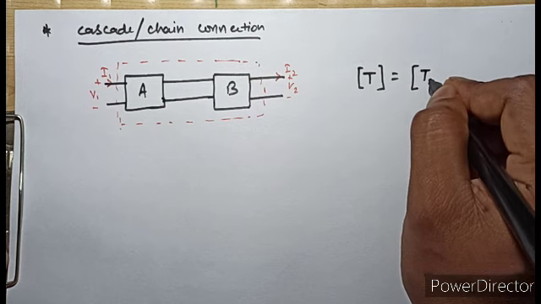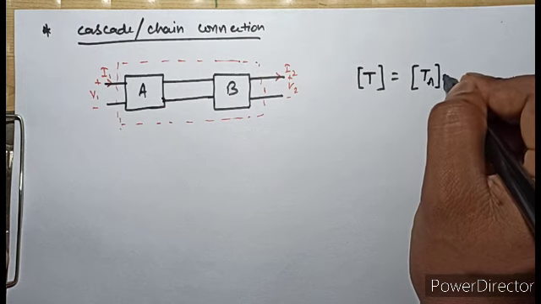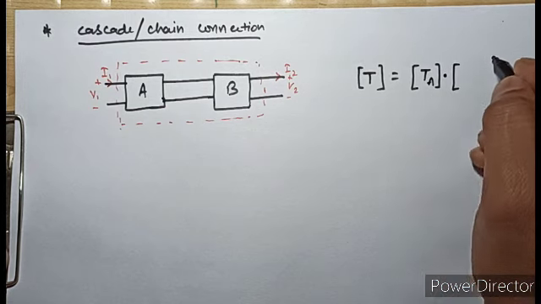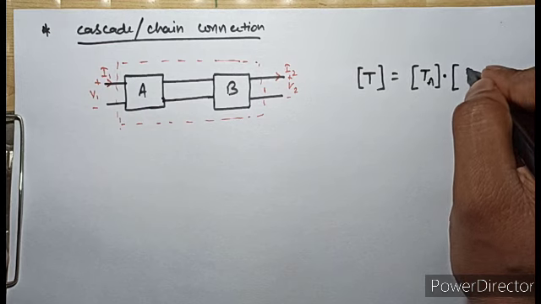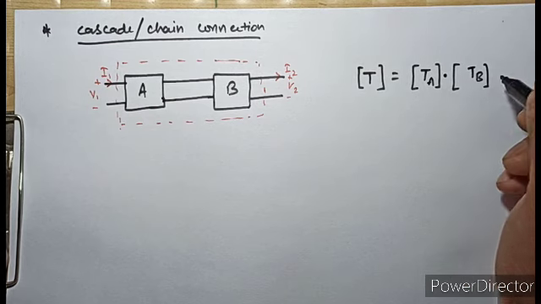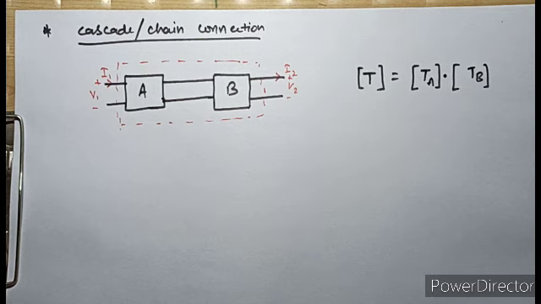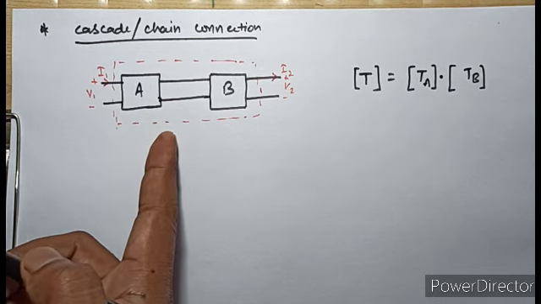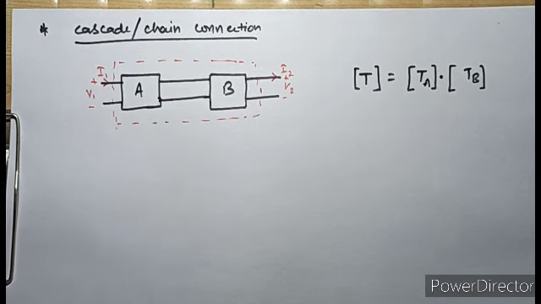No. In this case, the individual T parameters will get multiplied. Right? Means the resultant network T parameter will be the multiplication of the individual T parameters.